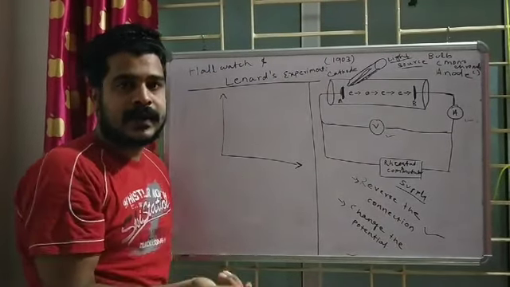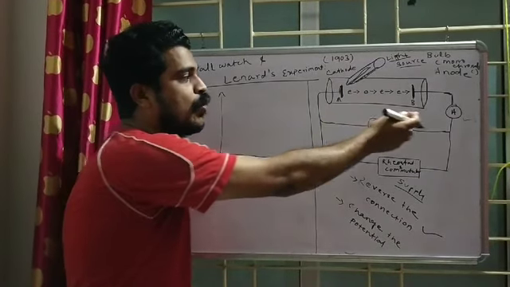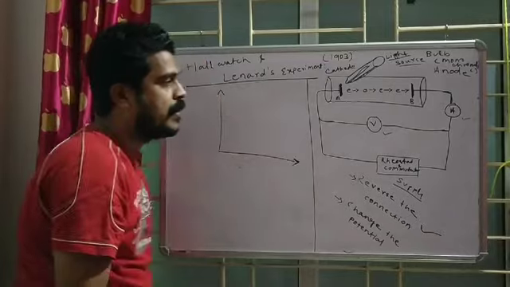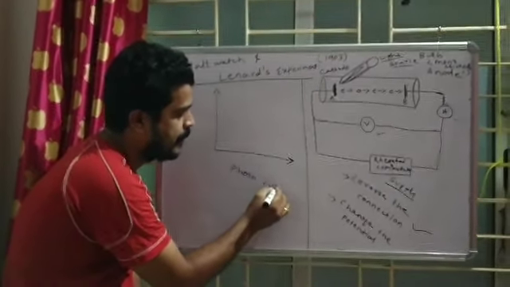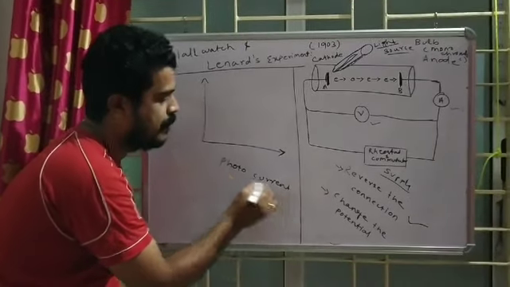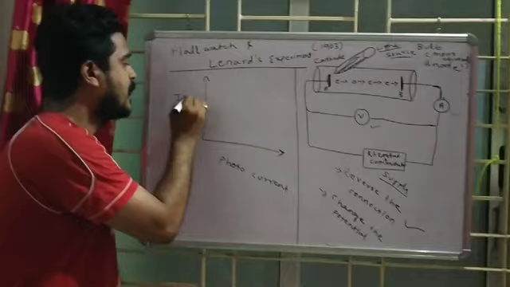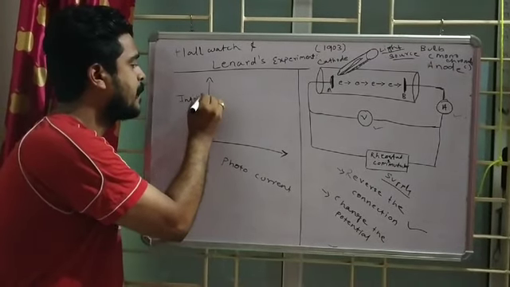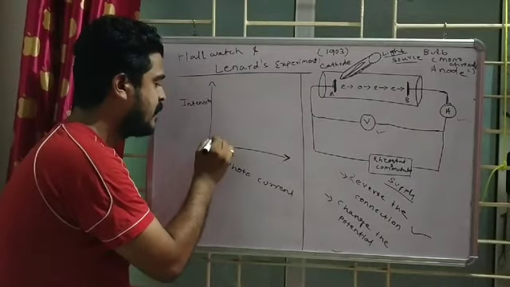That means they are directly related. And you know that the more the number of electrons emitted, the more the photocurrent. So another term comes into the picture: photocurrent. Suppose I take intensity on this axis and photocurrent on this axis, then I am increasing.